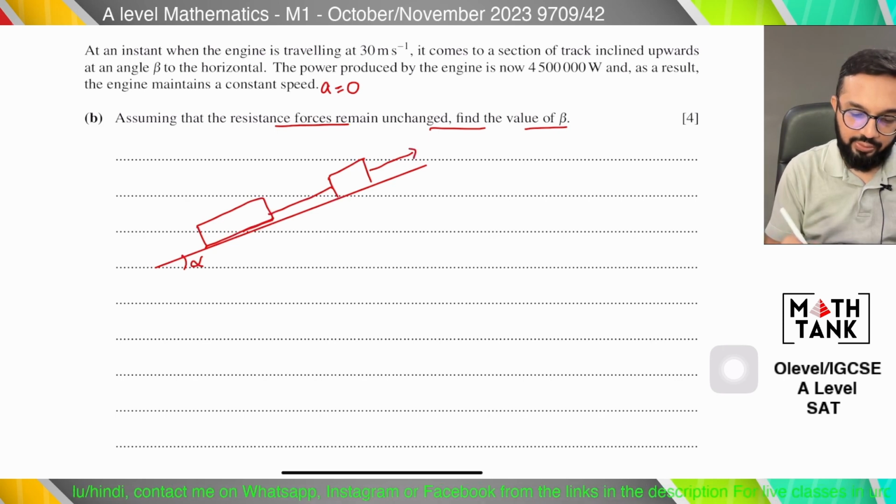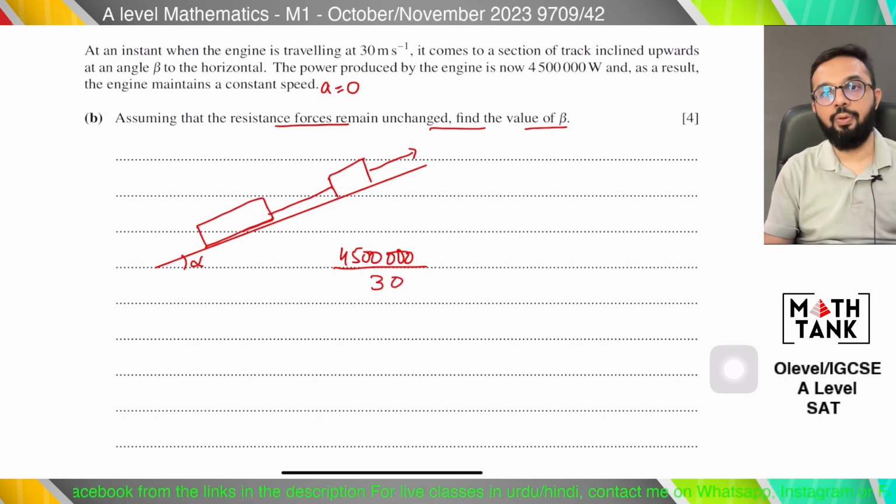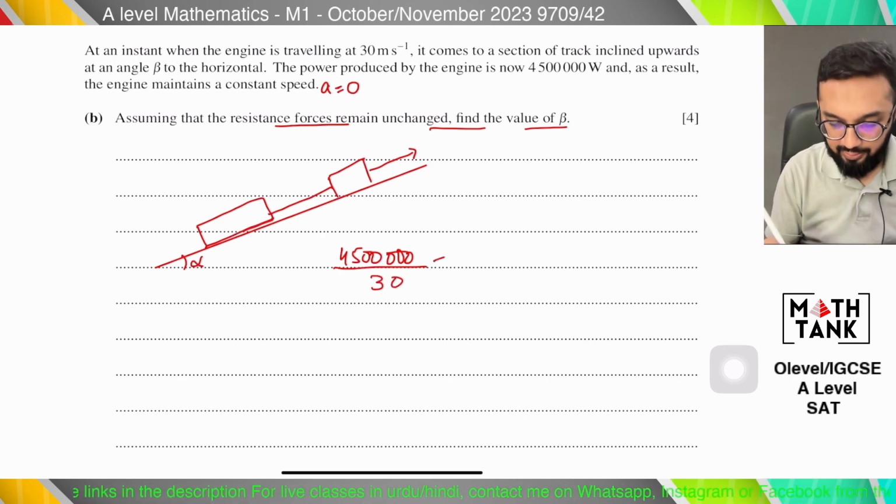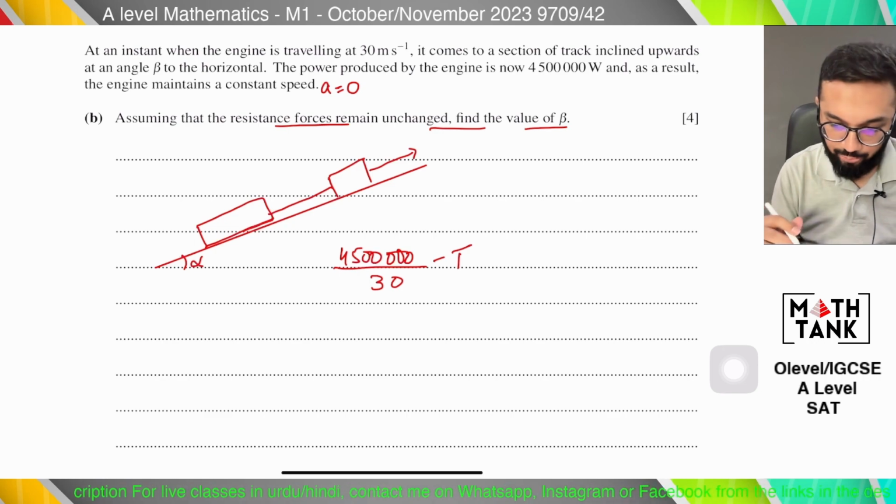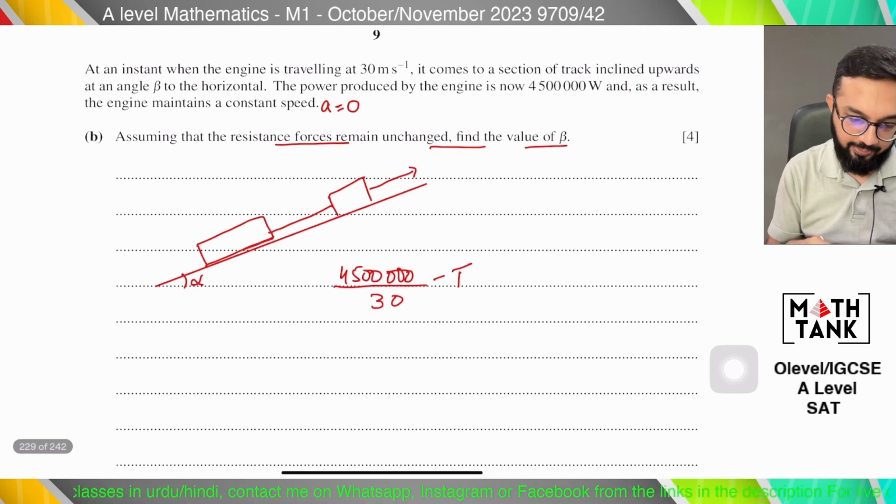So the driving force is now 4,500,000 divided by the velocity. Power equals force times velocity. What is the resistance? The resistances are unchanged.